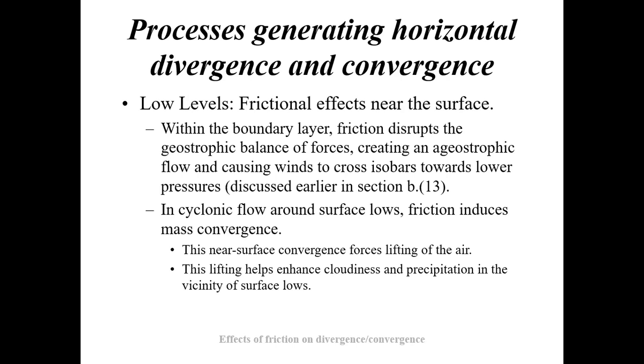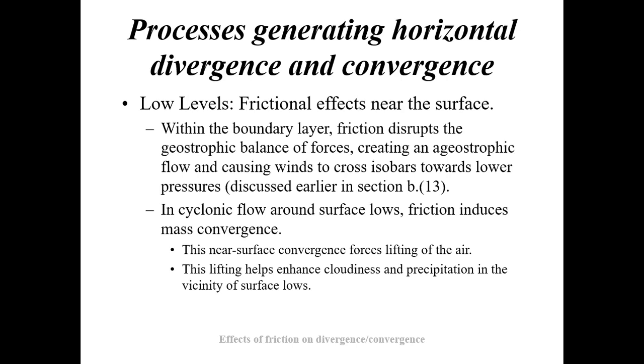In cyclonic flow around surface lows, friction induces mass convergence. So when you get a very strong developing storm system, you get a very strong pressure gradient and very strong wind speeds, eventually friction is going to take its toll on that storm system.